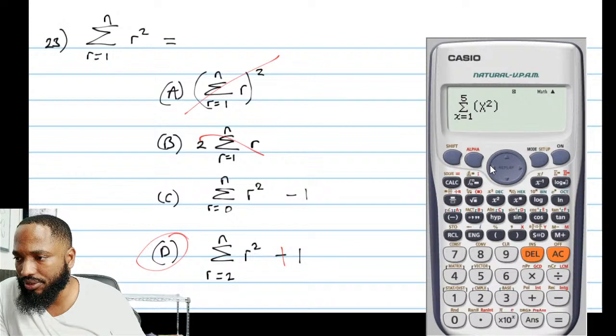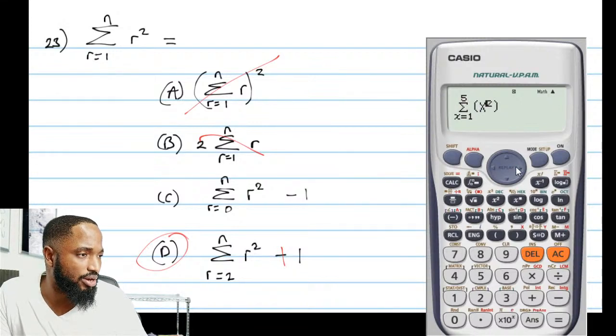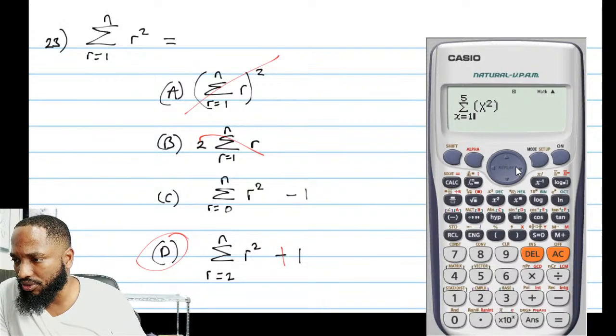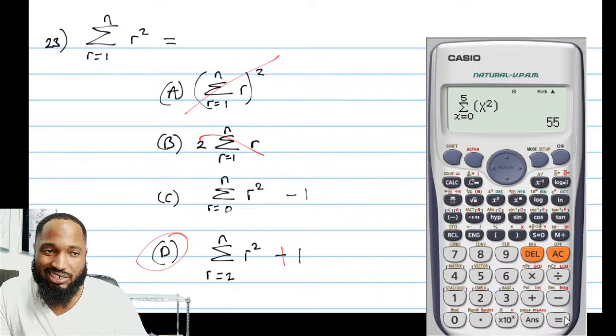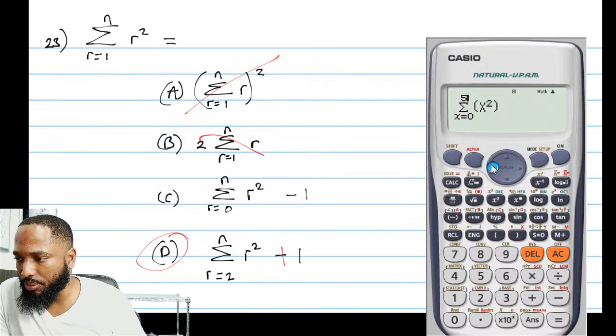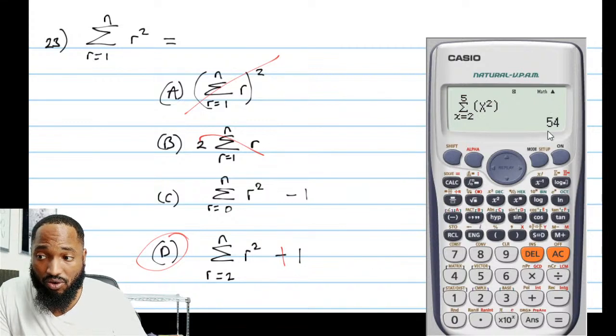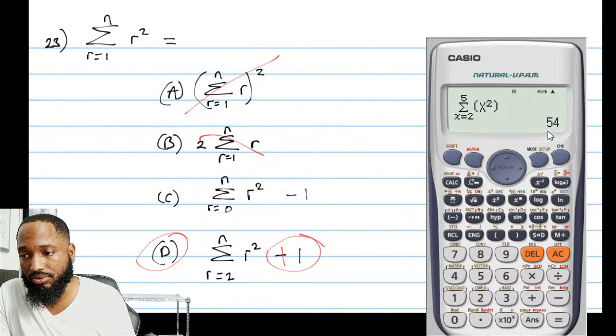Now if I put 0 here, that's the same. But if I put 2 here, I get 54 plus 1. Are you all understanding what I'm doing?